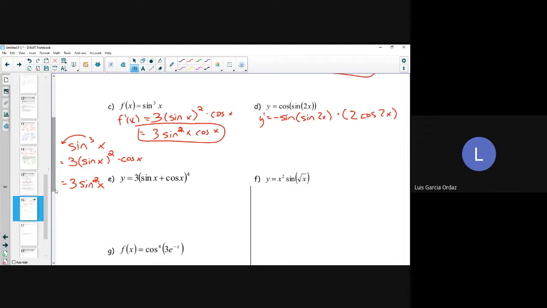So now what I'm left with is negative 2 sine of sine 2x times cos 2x.